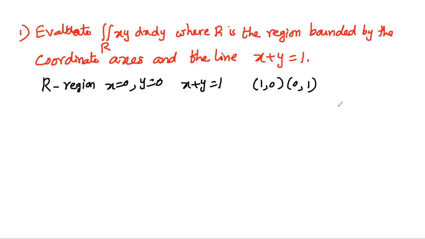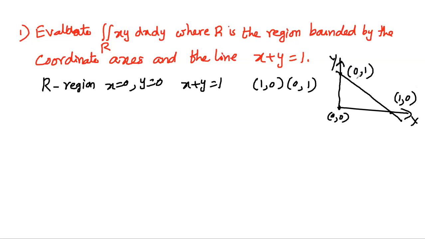Now, if you take a graph with the x-axis as well as the y-axis and connect the line, this point is 0, 0, this point will be 1 comma 0, and this point will be 0 comma 1. The equation is x plus y is equal to 1. Here y is equal to 0 on the x-axis, x is equal to 0 on the y-axis. This area is called the region.